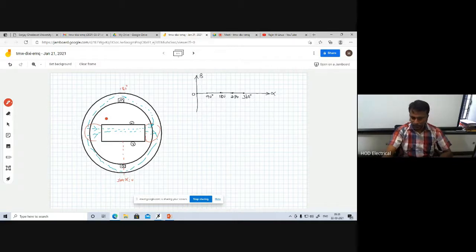In between, it gradually reduces to 0, here also gradually reduces to 0.